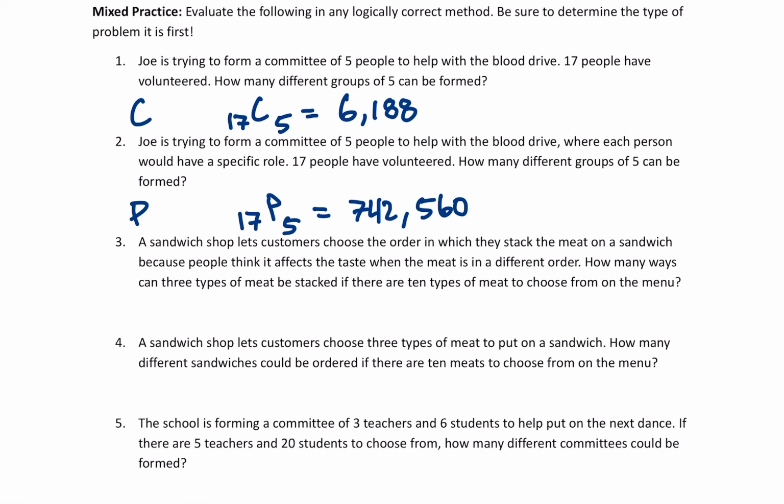So this one is going to be a permutation. Okay, now we know that we have 10 different meats, and we're choosing or permuting 3 of them. If we put that in our calculator, we get 720 different sandwiches that you can make.